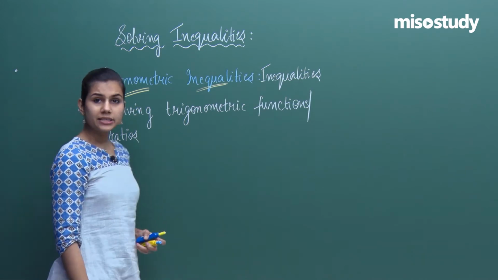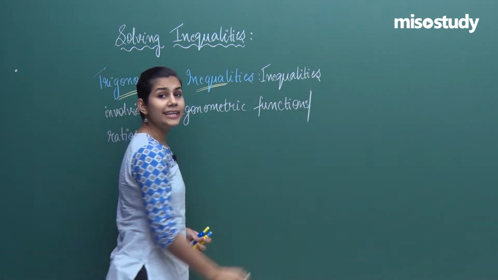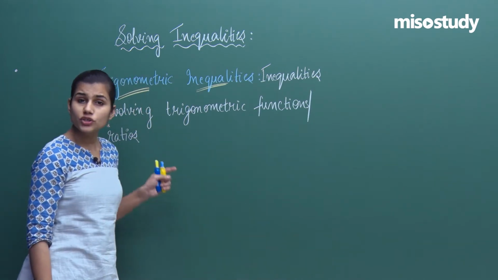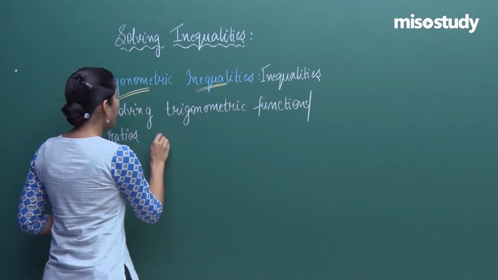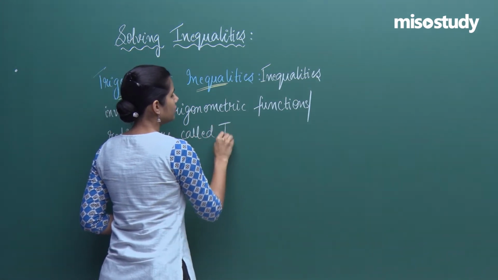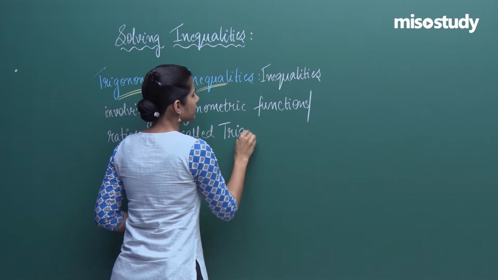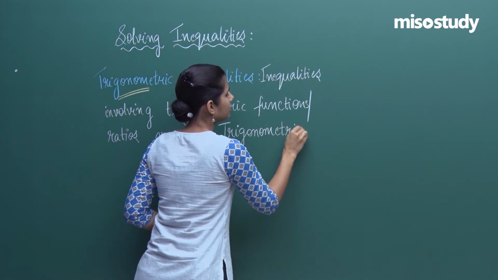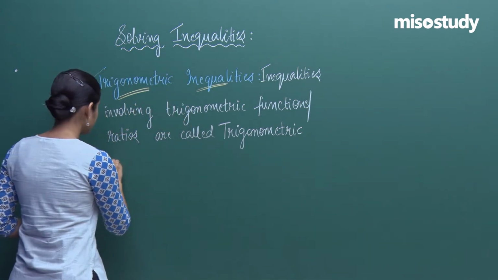So what did I write? Those inequalities which concern trigonometric functions or trigonometric ratios are called trigonometric inequalities.